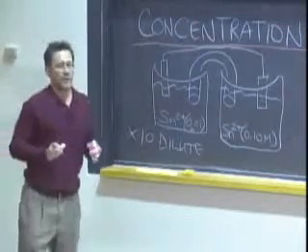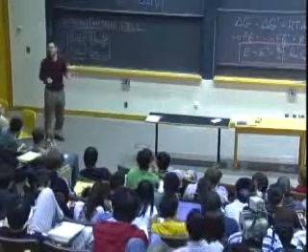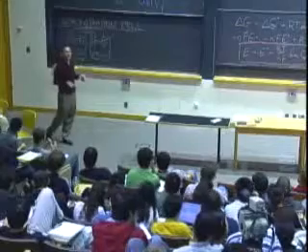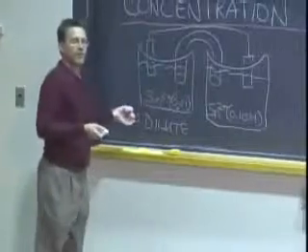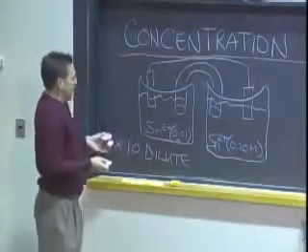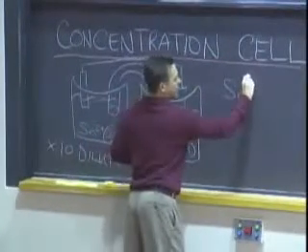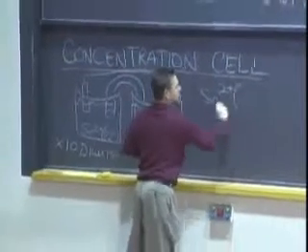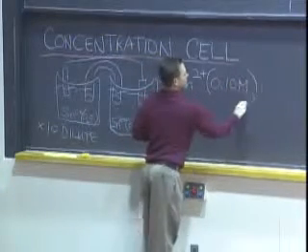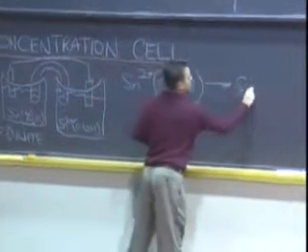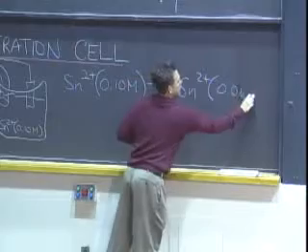And we can ask what kind of a voltage is set up as a consequence of just simply having different concentrations of tin ions in the 2 beakers. And we can ask in which direction the electrons would flow in a system like this. Well, the system wants to go from a state where Sn2+ ions at 0.10 molar go to the beaker where we have Sn2+ ions at 0.01 molar.